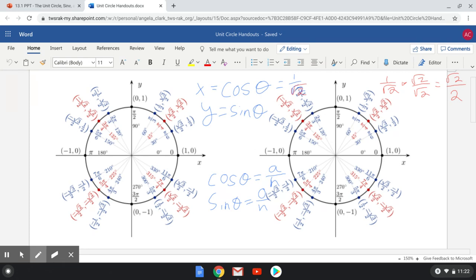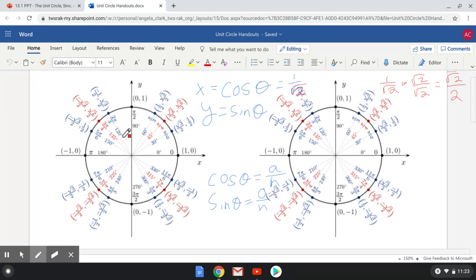And I can just say, oh, that's 1/2, because I have this picture in my head. Well, yeah. But that takes a lot of memorizing to get to that point. It's actually easier to do with radians than it is to do with degrees.